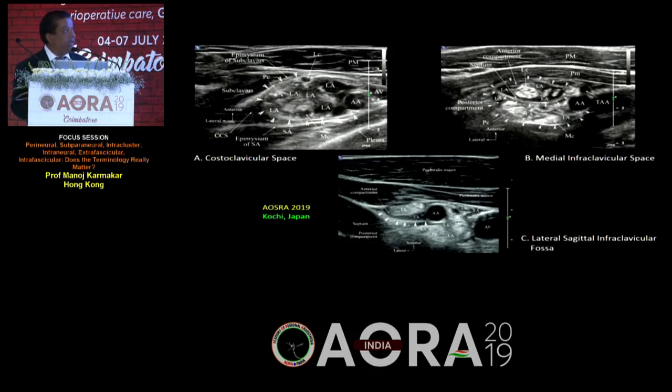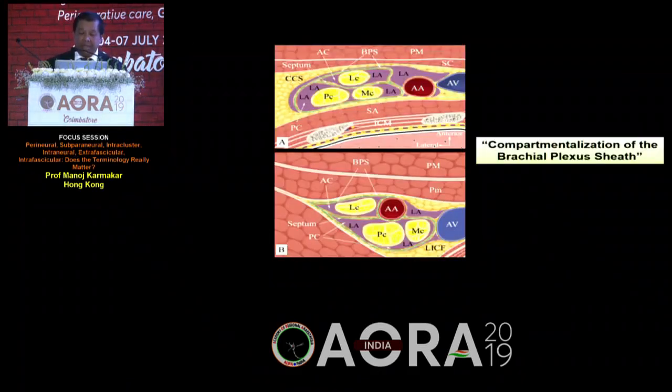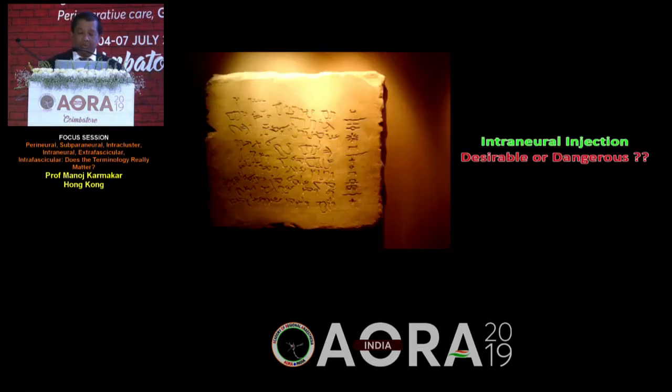You can see the structure is actually septated into an anterior and a posterior compartment. The anterior compartment usually encloses the lateral cord. The posterior compartment includes the medial cord and the posterior cord. And you can see here this anterior compartment with the septation that you see here. And this is the cartoon that would show you.